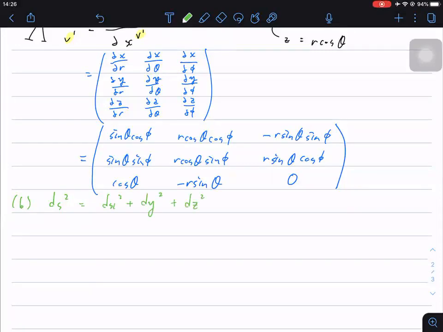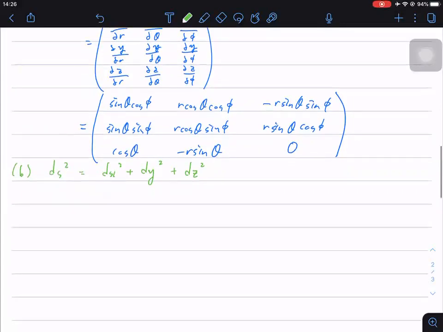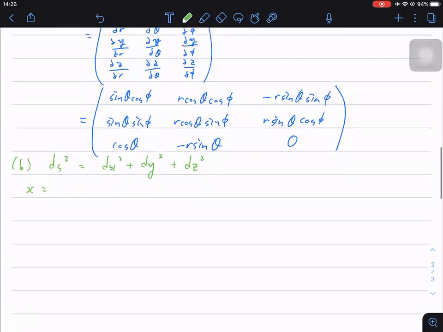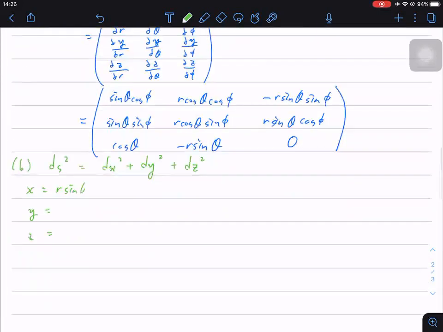So it's like this. The first method you can use is to simply write down the relation of these two coordinates. So I believe it should be sine theta cosine phi, sine theta sine phi, and finally cosine theta.